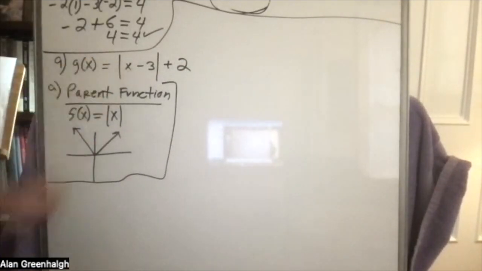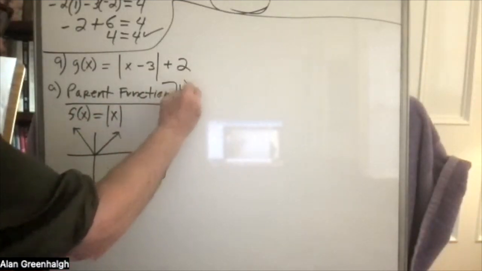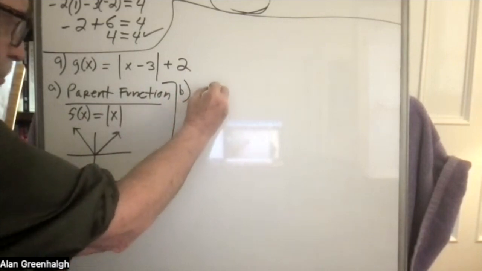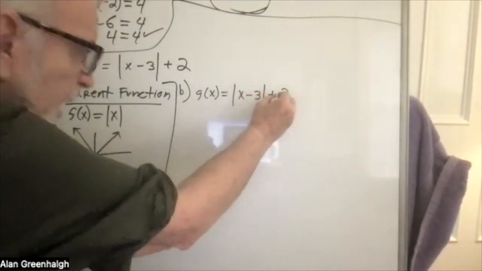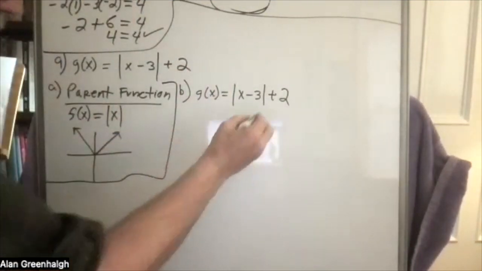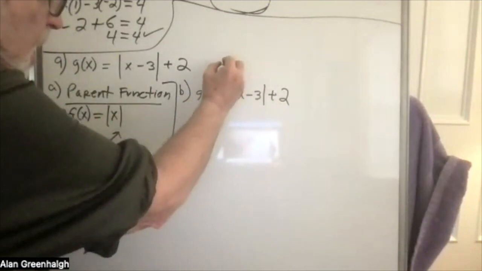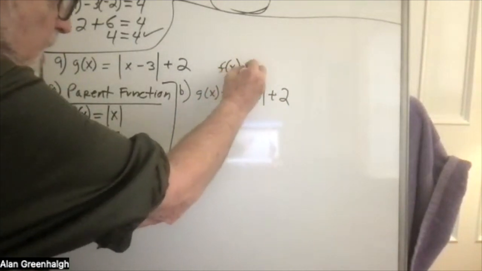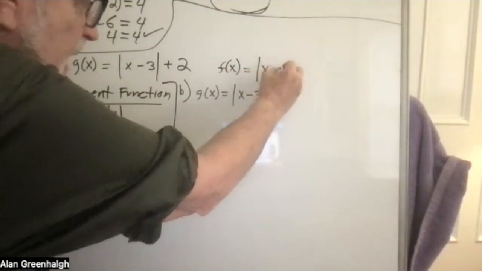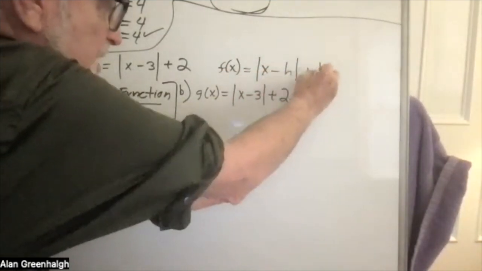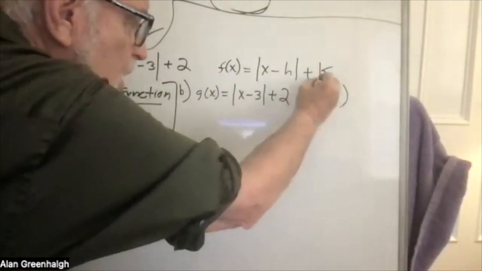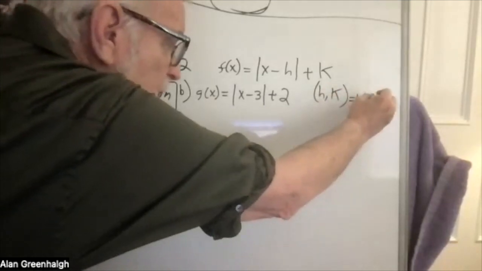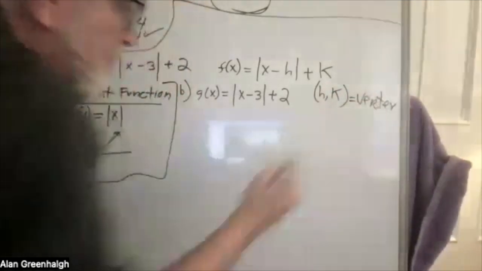Now we want to do this one. So the second part is sketch the graph of g of x. So we take g of x, I'm writing it over again. And I'm remembering that the general formula was f of x equals the absolute value of x minus h, plus k, where h and k were the coordinates of the vertex.